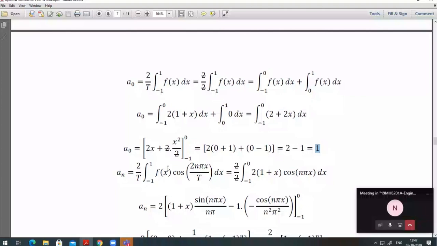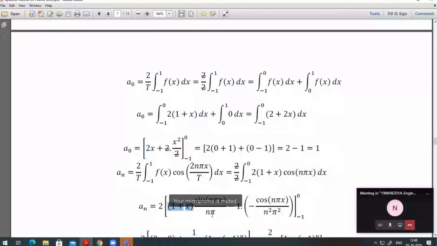So first function into integration of cos, which is sin n pi x by n pi, minus the derivative of 1 plus x, which is 1, into integration of sin n pi x by n pi, which is minus cos n pi x by n pi whole square, that is n square pi square, with limit from minus 1 to 0.